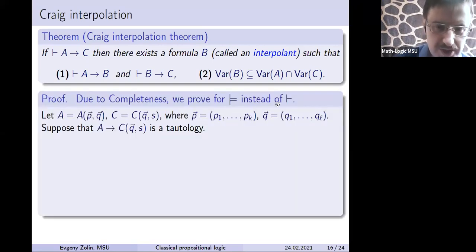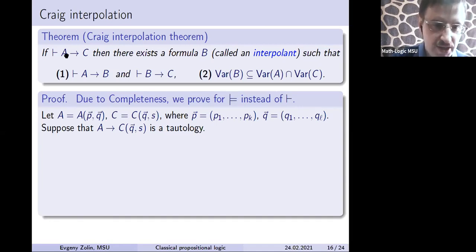So let us just analyze which variables are in A and in C. A has variables P and Q, some lists of variables P and Q. C has variables Q, and let us, for simplicity, assume that it has only one variable S that is not in our formula A. For many variables, the proof is the same. But for simplicity, we will write the proof for just one variable.